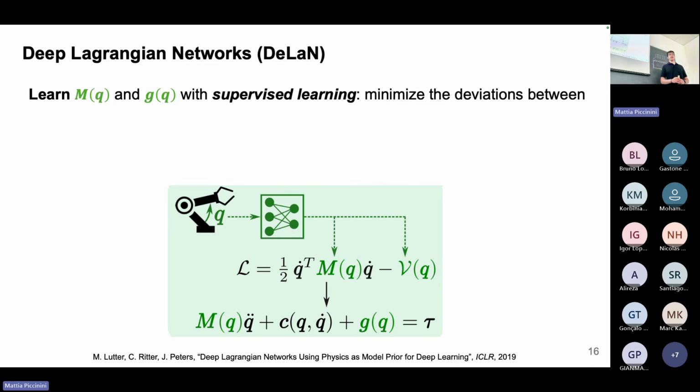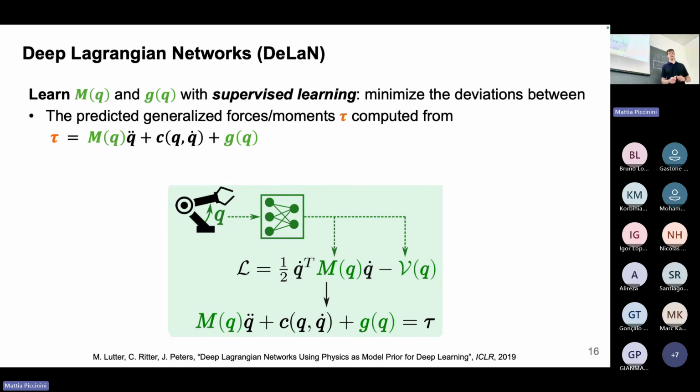And how do we learn actually M and G? Because, okay, we want to learn them, but how? Well, we can simply learn them with supervised learning. So we take the predicted generalized forces and moments tau. We just take the equations of motion with the learned M and G. So these are neural networks, M and G. We compute tau from the equation.